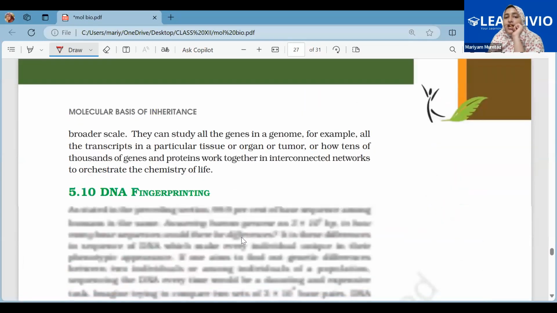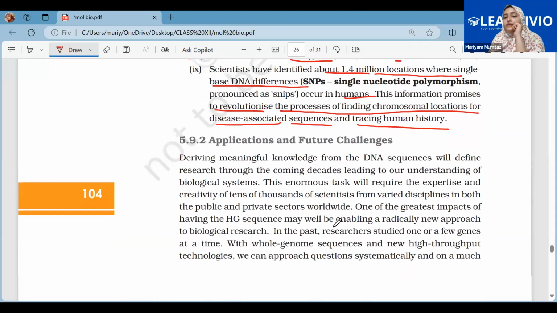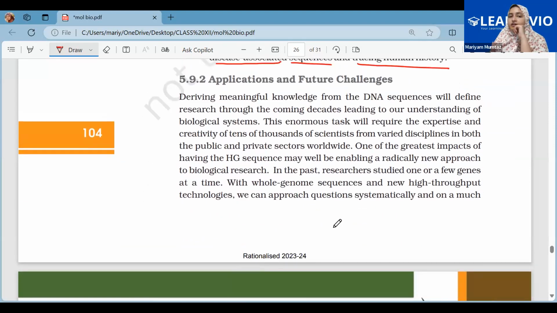Now coming on to the applications and future challenges. Deriving meaningful knowledge from DNA sequences will define research through the coming decades, leading to our understanding of biological systems. As I told you, if we understand the human genome, how it works, what the sequences are, then it can be very beneficial in health science particularly.